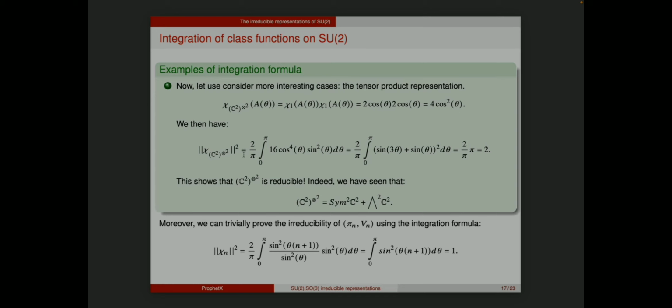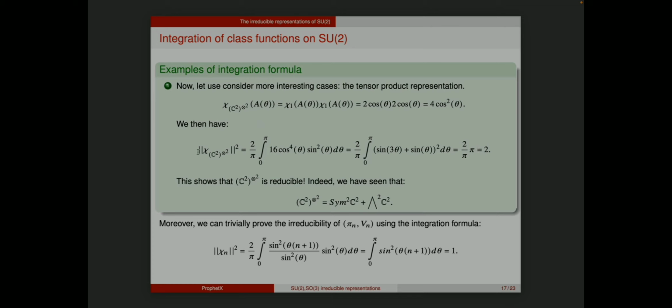Now, given this, we computed the character, we can plug back in here, and we have to square this, so it's 16 cos to the 4 theta sine squared theta. And if we compute this integral, we see that this is 2.